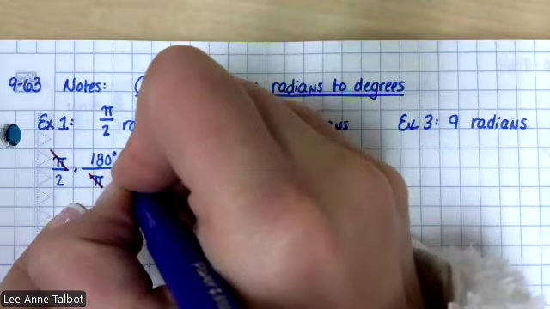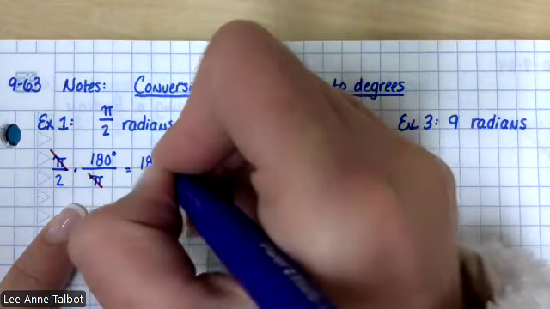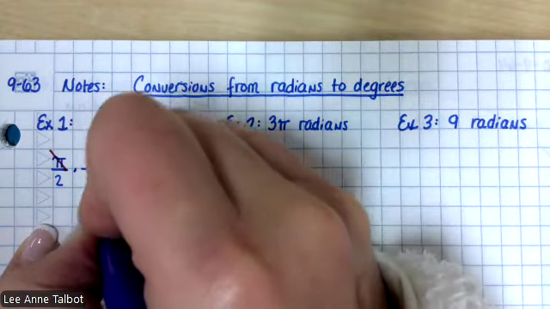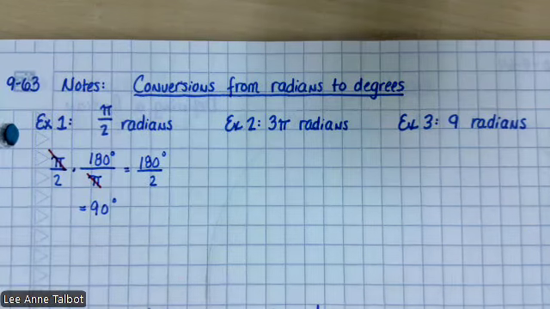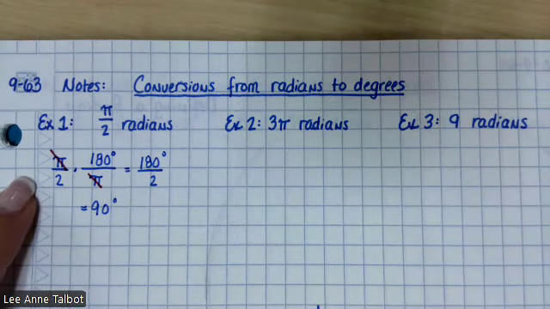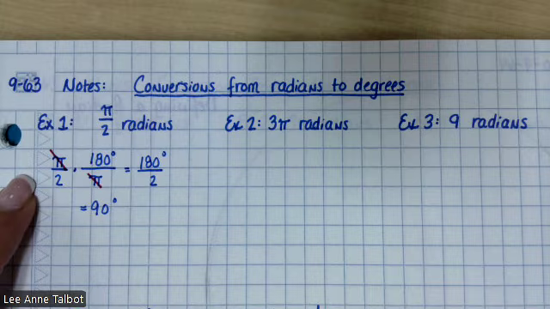And then this is 180 degrees divided by 2 equals 90 degrees. And if you think about that, it should make sense that if pi is halfway around the circle, then pi over 2 would be 1/4 of the way around the circle.